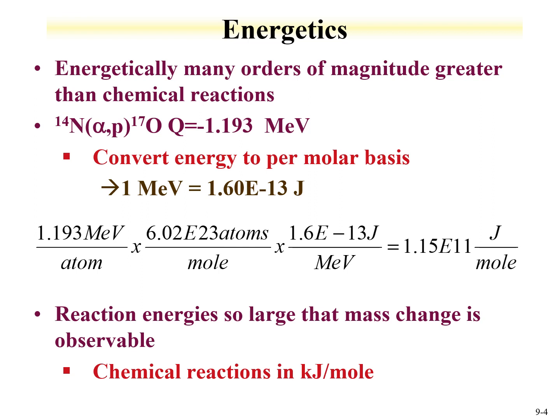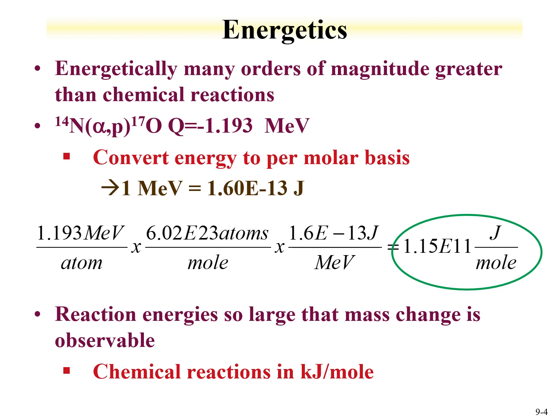We use a conversion of 1 MeV equal to 1.6 times 10 to the minus 13 joules. So we can convert our reaction from MeV per atom into joules per mole, and we see that this reaction winds up being on the order of 1 times 10 to the 11th joules per mole.